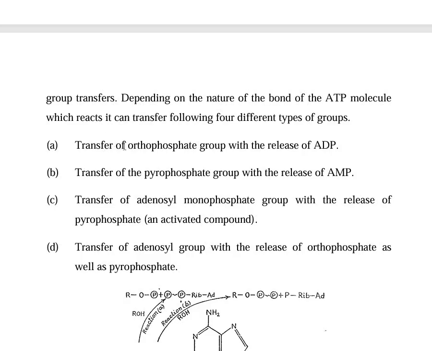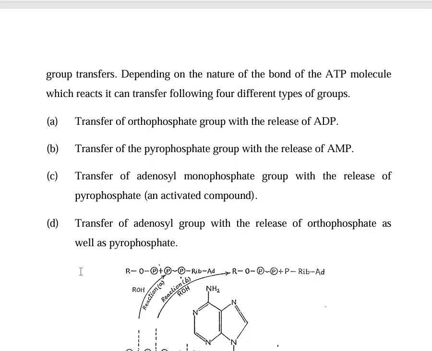First, transfer of the orthophosphate group with the release of ADP. Second, transfer of the pyrophosphate group with the release of AMP. Third, transfer of the adenosyl monophosphate group with the release of pyrophosphate, an activated compound. Fourth, transfer of the adenosyl group with the release of orthophosphate as well as pyrophosphate.